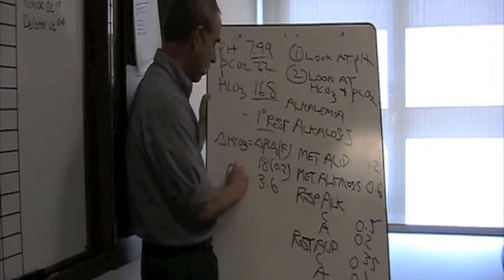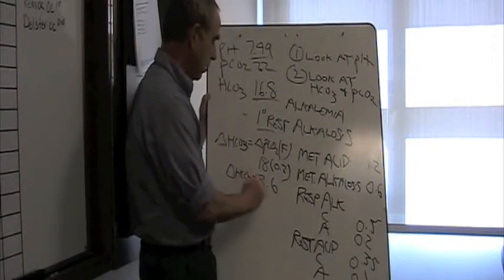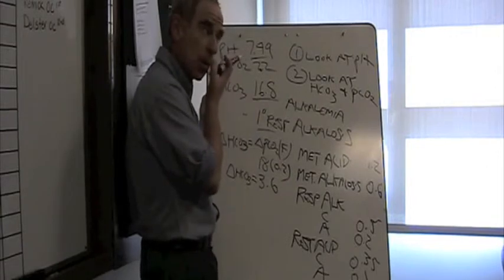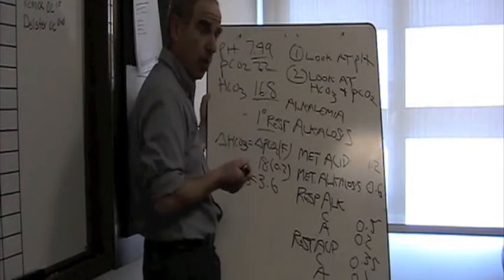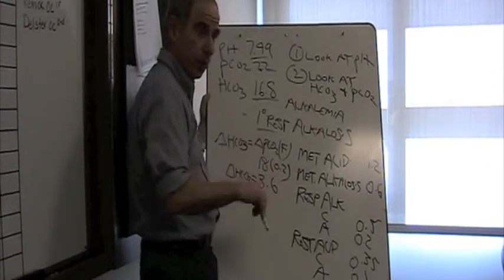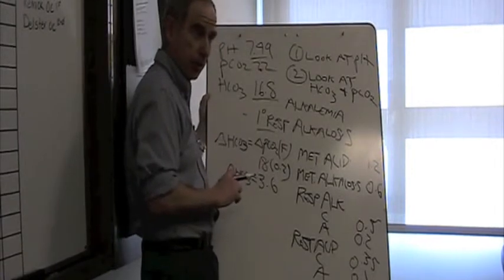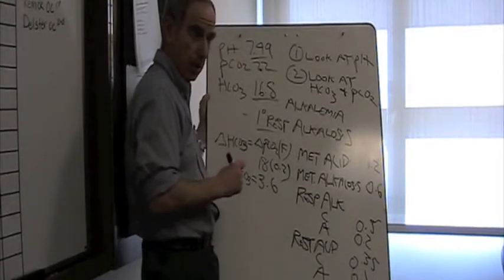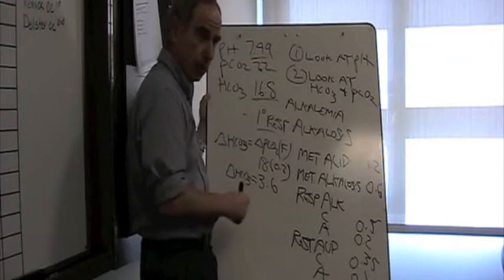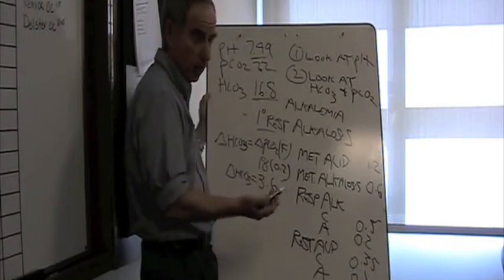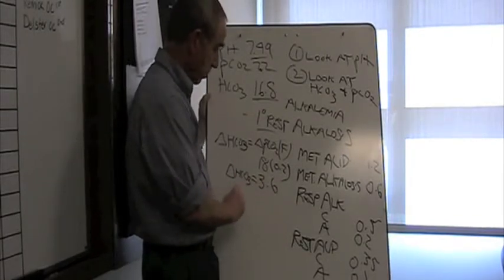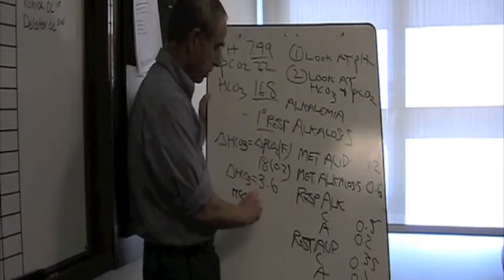So the change in bicarbonate should be 3.6. So it should be 24, and it would go which way? Normal compensation would be acidosis, right? So go down, 24 minus 3.6, so about 20. So the bicarb should be about 20.